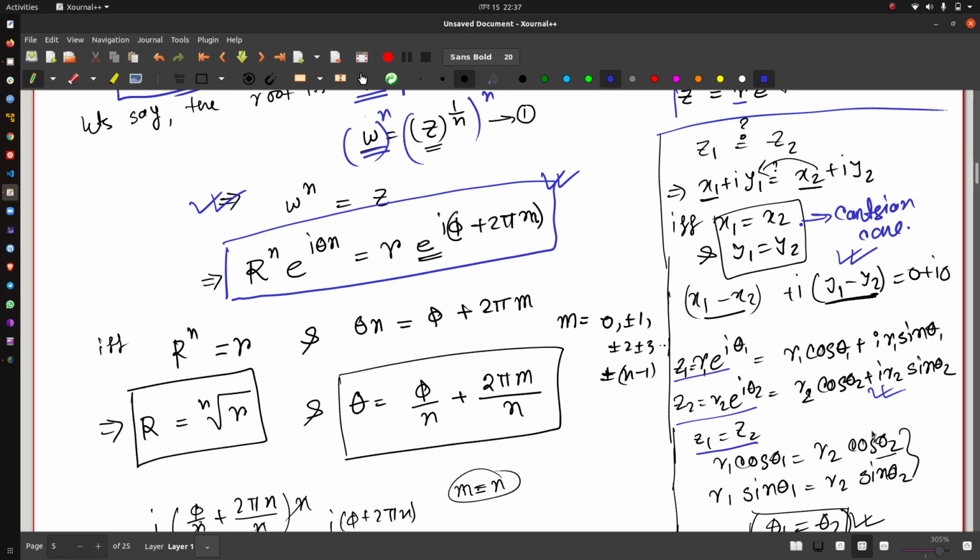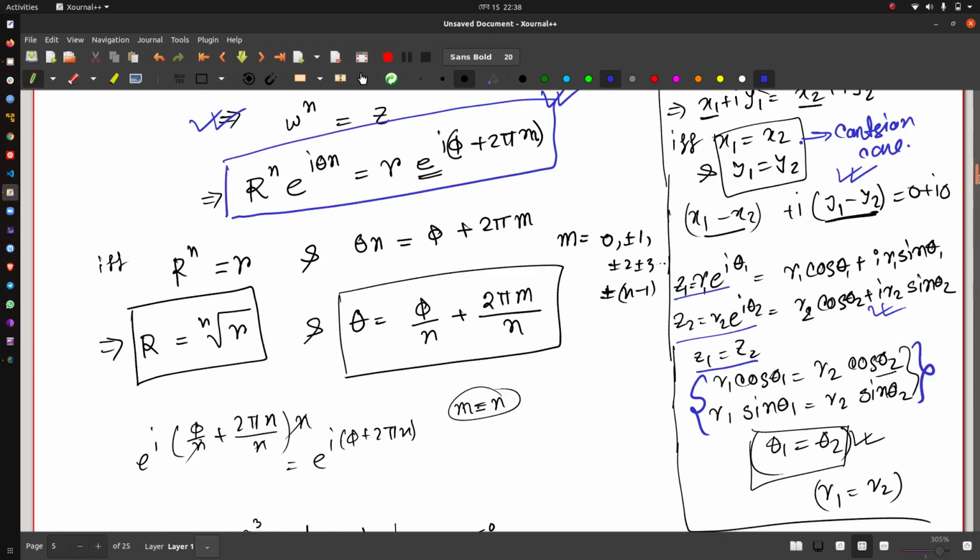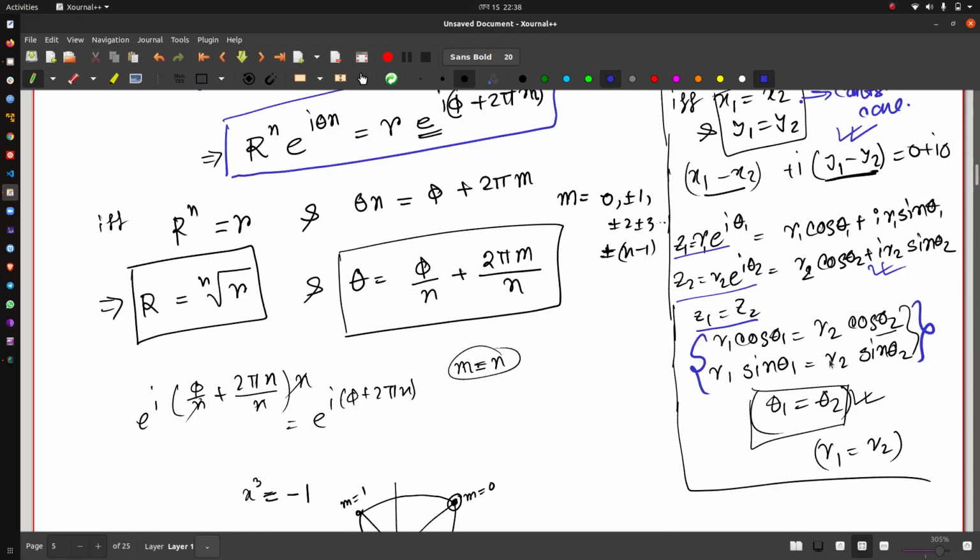That means the real part of z1 and the real part of z2 should be equal to each other, and the imaginary part of z2 and the imaginary part of z1 should be equal to each other. That gives us these two expressions, and now you can divide these two expressions and see that this is just saying to you that theta 1 should be equal to theta 2, and if you use this in any of these expressions, you will get r1 equals r2.